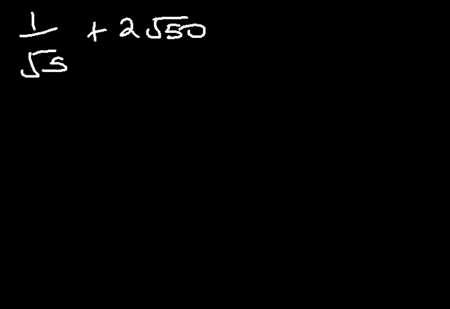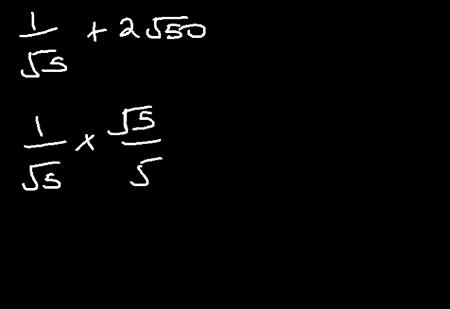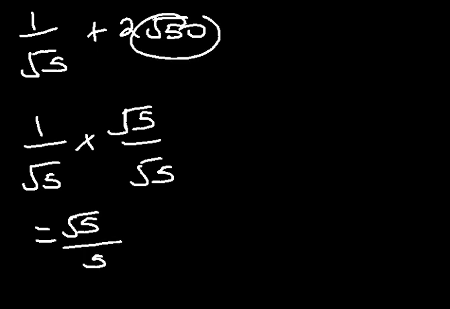First, we have to rationalize this one separately. In this case we'll have 1 over square root of 5 times the square root of 5 over the square root of 5. That corresponds to the square root of 5 divided by 5. Then I have to simplify the other one.